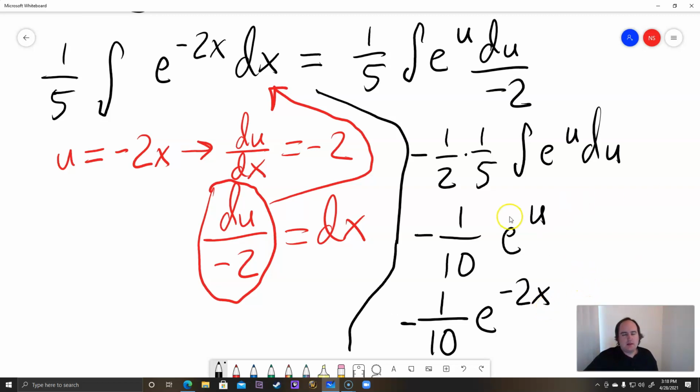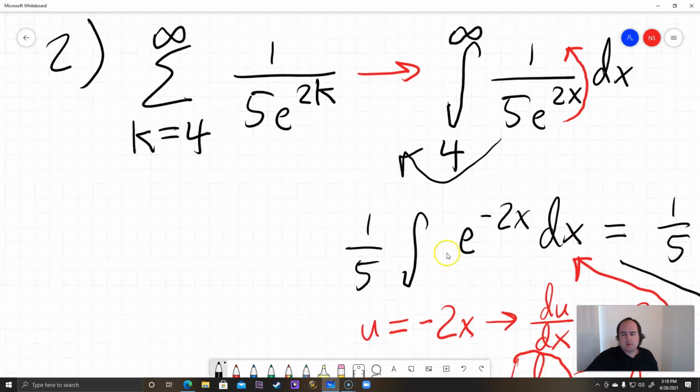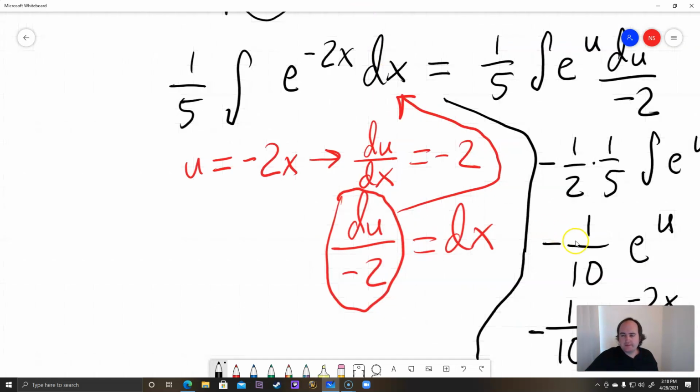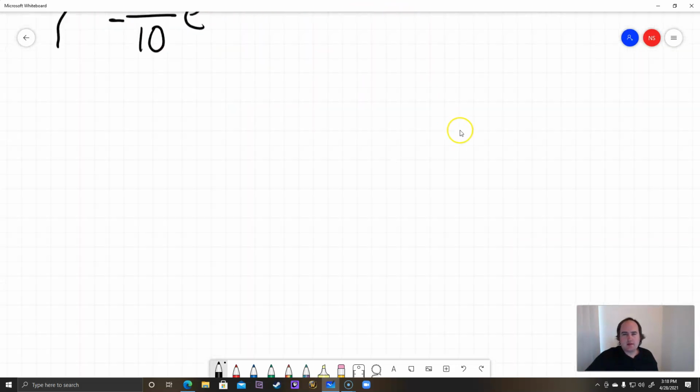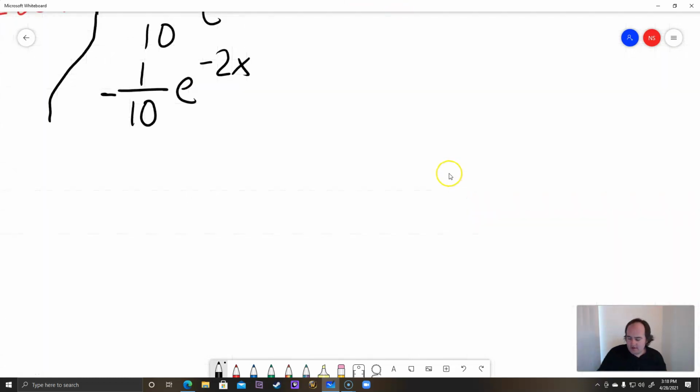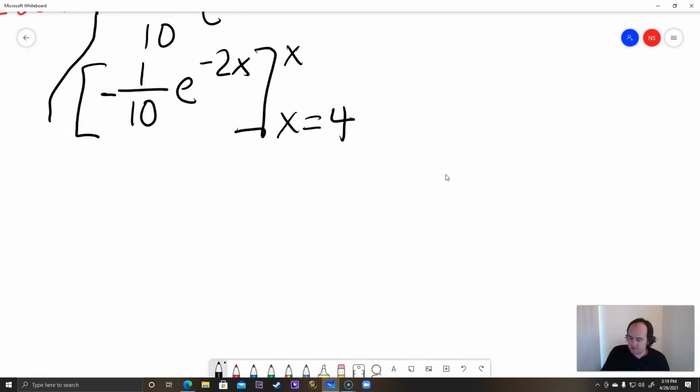Okay, and then now that we've gotten it back in terms of x, we can go ahead and plug in the original values of the integral. So we went from 4 to infinity. So we're going to be evaluating this from x equals 4 to x equals infinity.